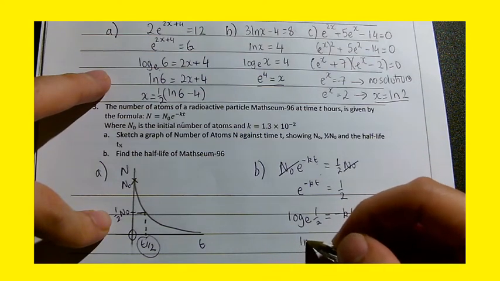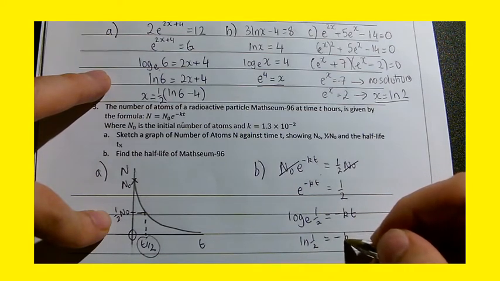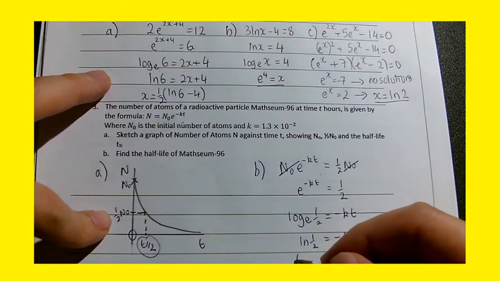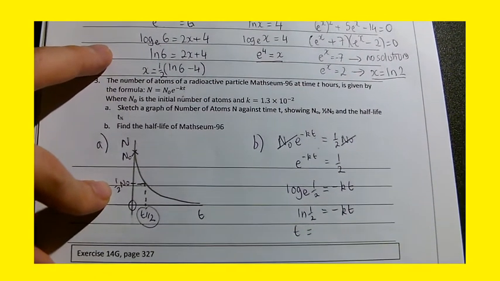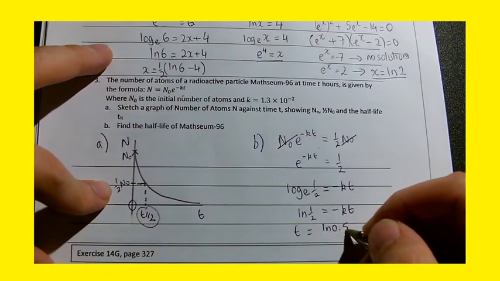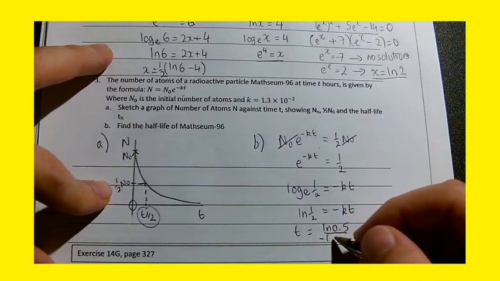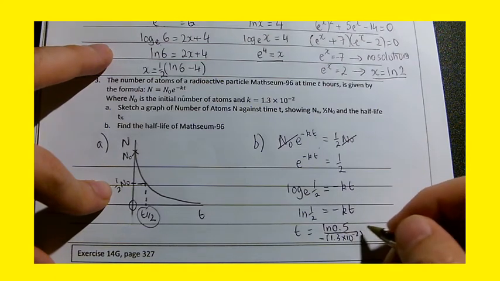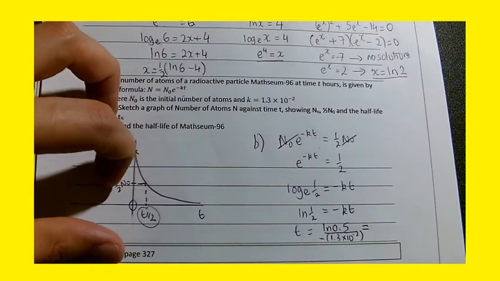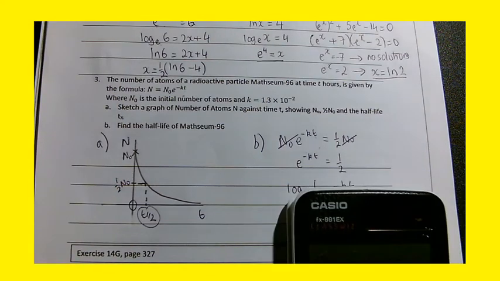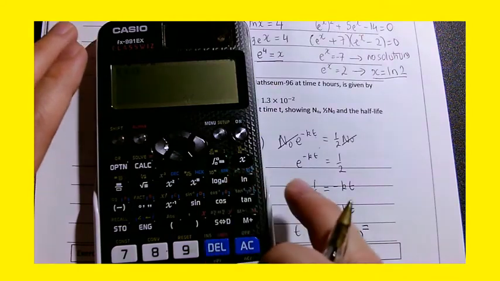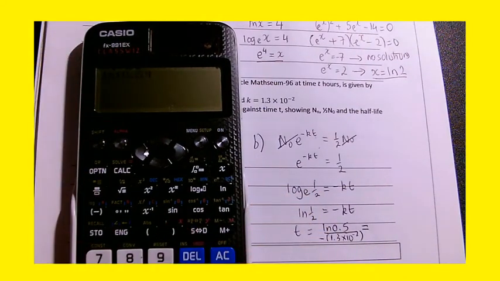Log base e of a half is just ln half, equals minus kt, and t is ln half divided by minus k, and k is 1.3 times 10 to the minus 2. So we find the ln button here: ln 0.5 divided by minus 1.3 times 10 to the minus 2.